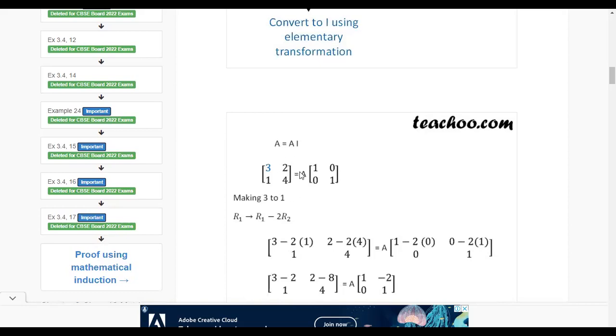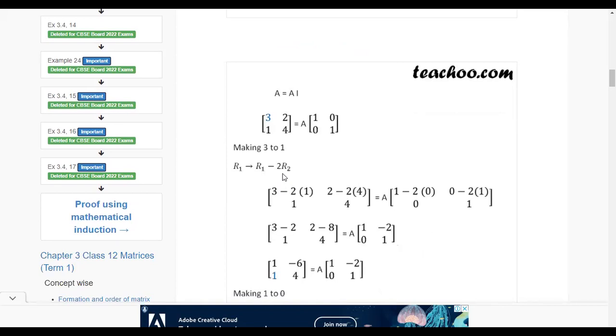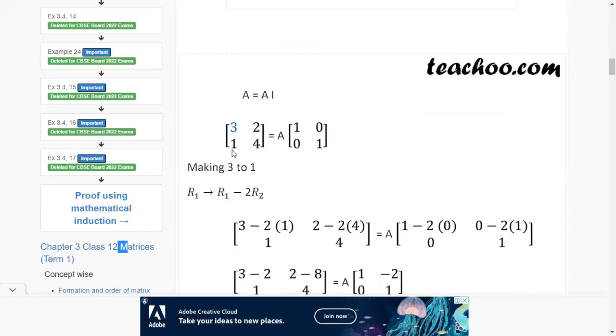Whatever they give will be your A. A into identity. Since your order is 2, a square matrix, you take the identity matrix 1, 0, 0, 1.